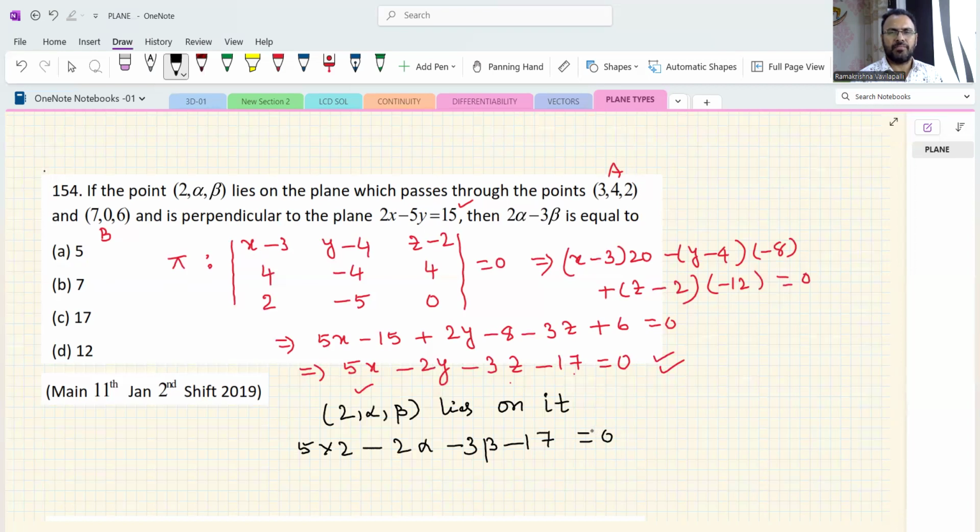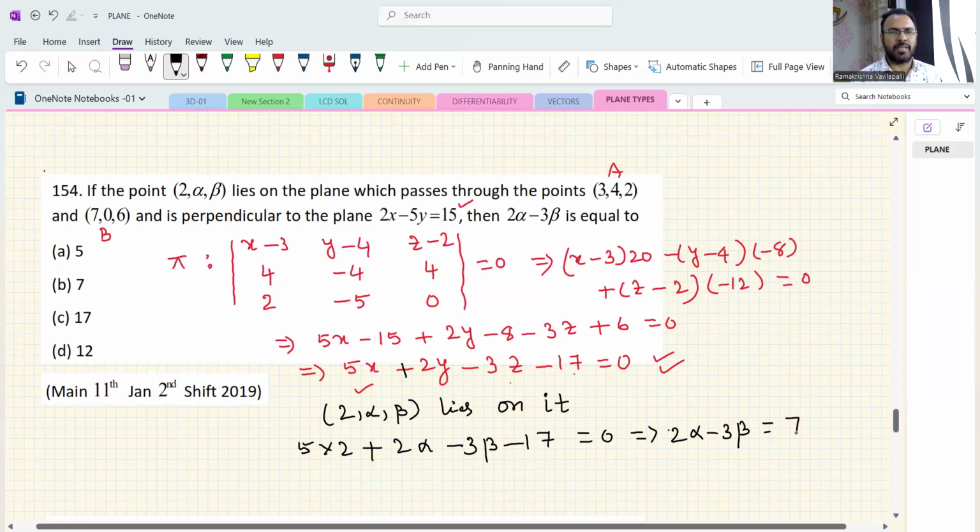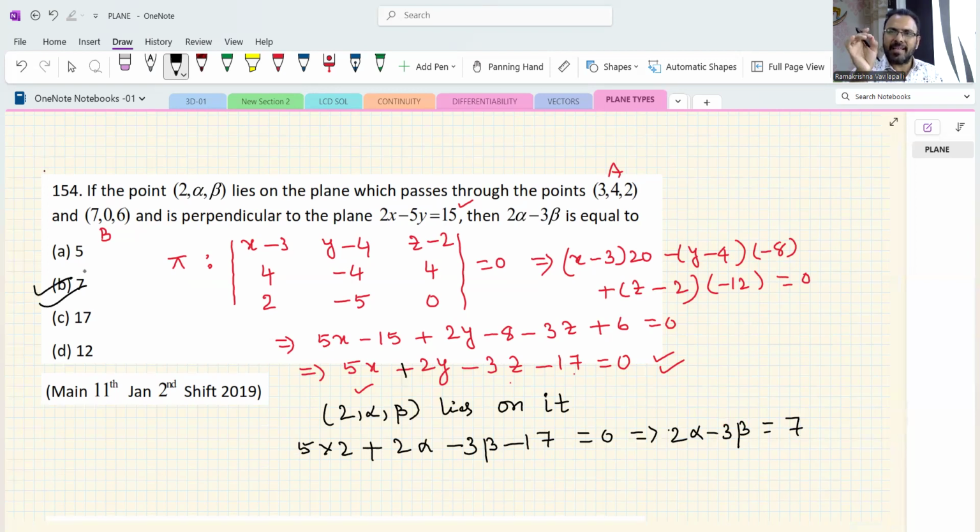Let me check once: yes, here this is plus 2y, so plus 2 alpha. This implies 2 alpha minus 3 beta is equal to 10 minus 17, nothing but minus 7. Sending that side, you will get 7. We got it. So once the key idea strikes, we can find the plane right away.